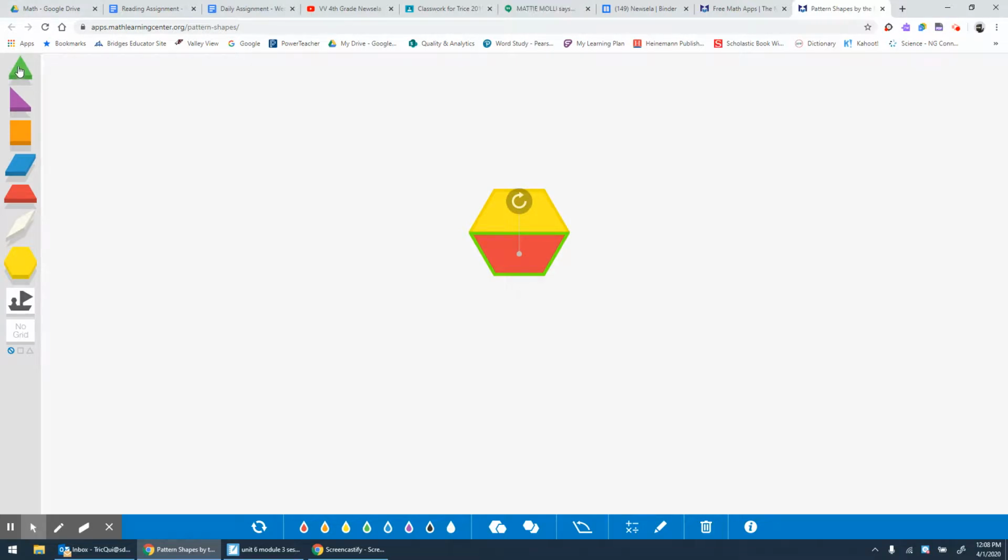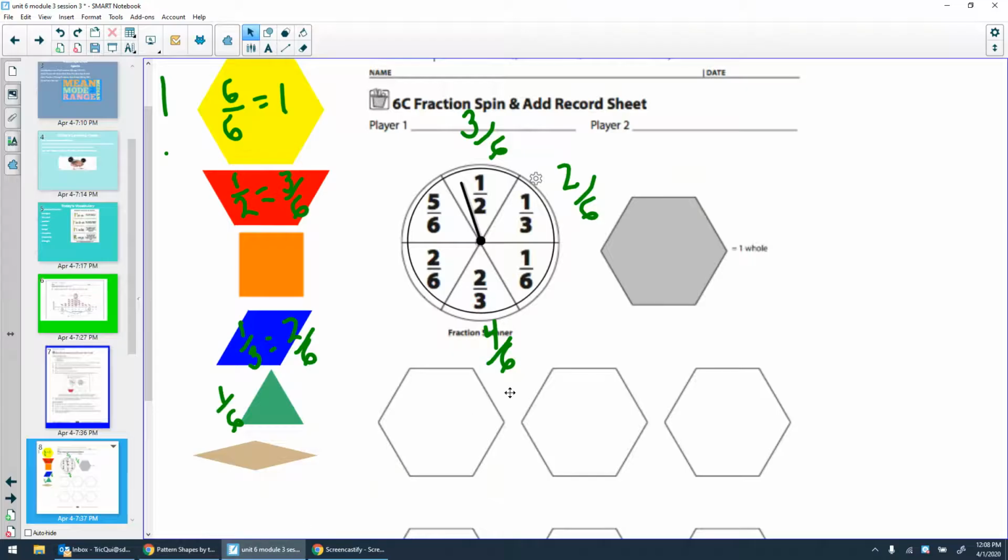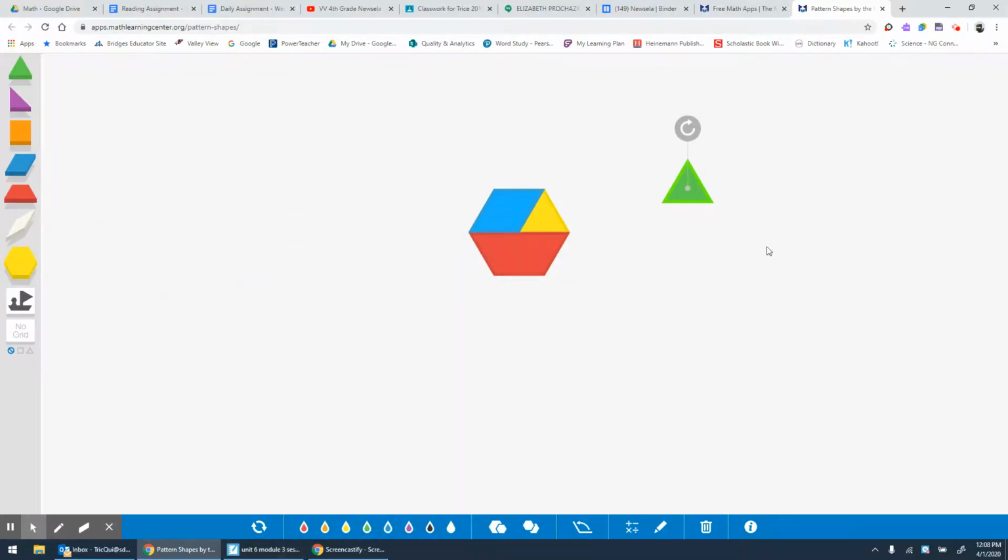And then the 2/6 would equal 1/3. 1/3 would actually be our rhombus here. If I add that 1/2 and that 1/3, I'm left with just one of these. And if we go back to what we said here, one of those equals 1/6. If I add these up, they equal 5/6.